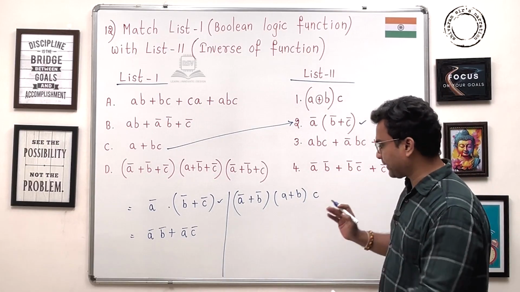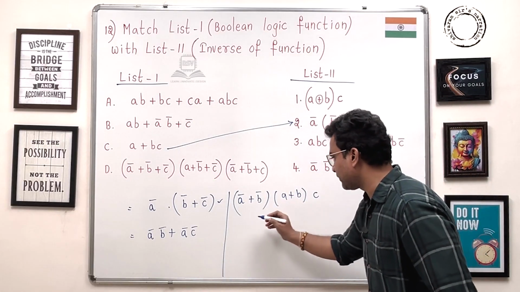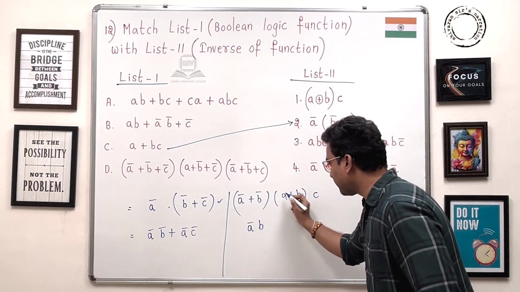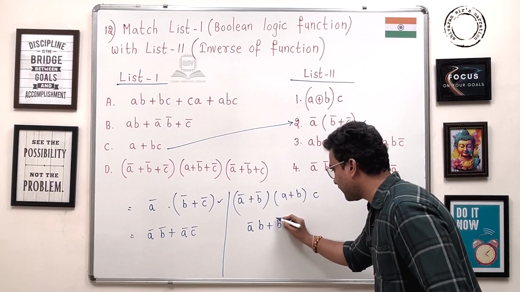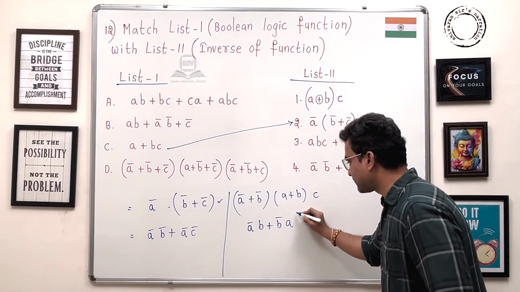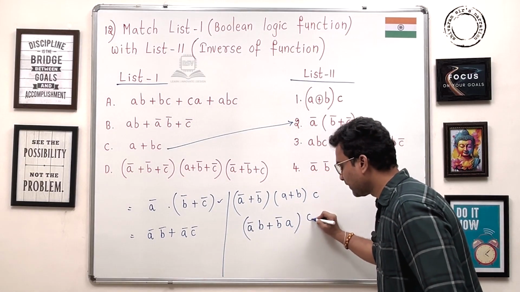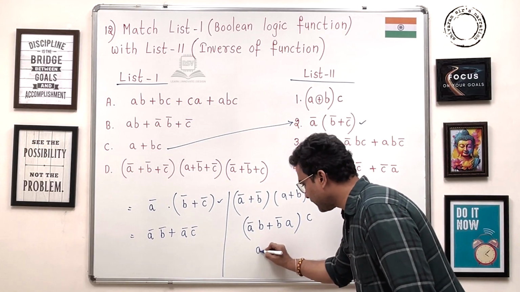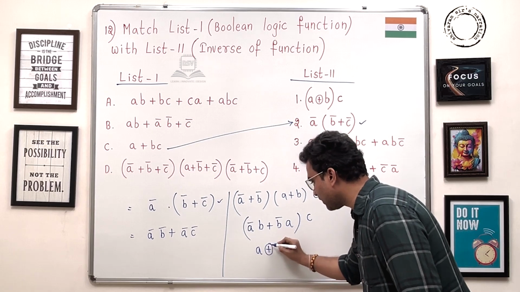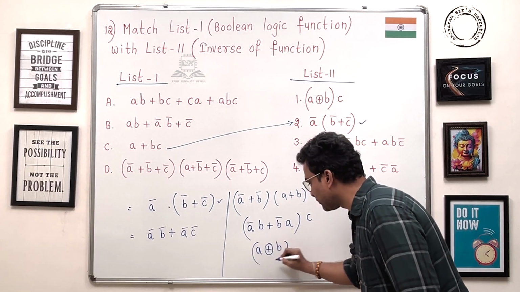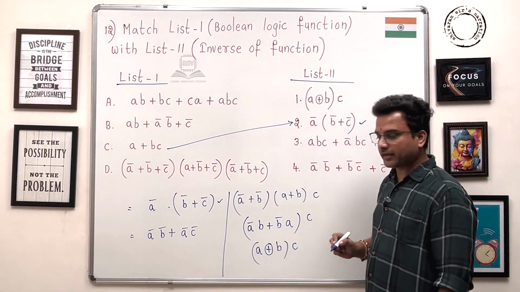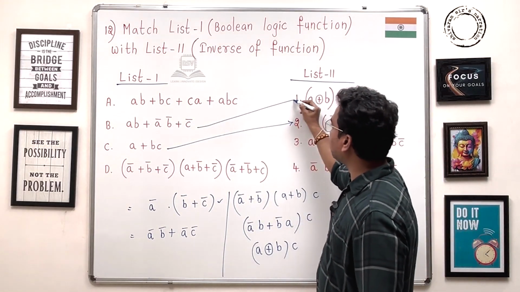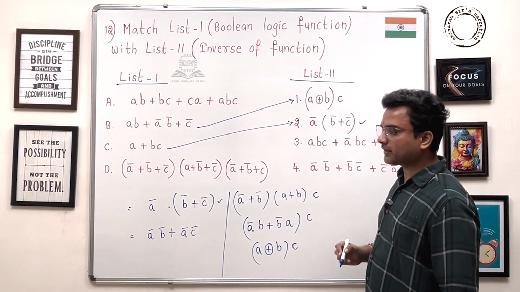Now if you multiply, A into A bar is 0, A bar into B is A bar B, B bar into A is B bar A, B bar into B is 0, then C. A bar B plus A B bar is the XOR operation only. A XOR B into C. That's it guys. So as per the options, it is B1 only, isn't it?